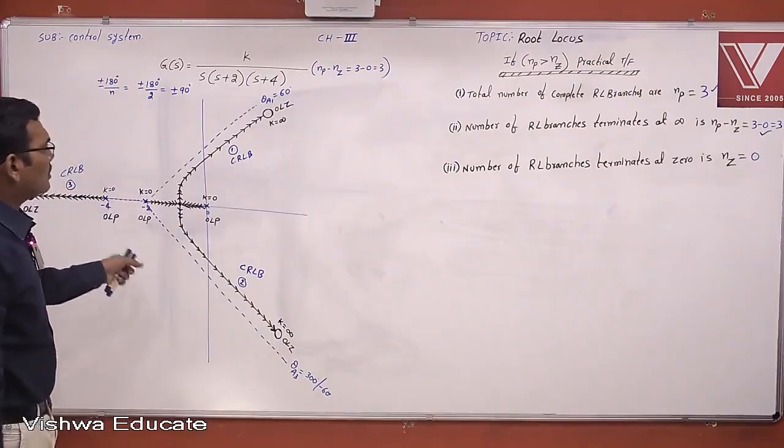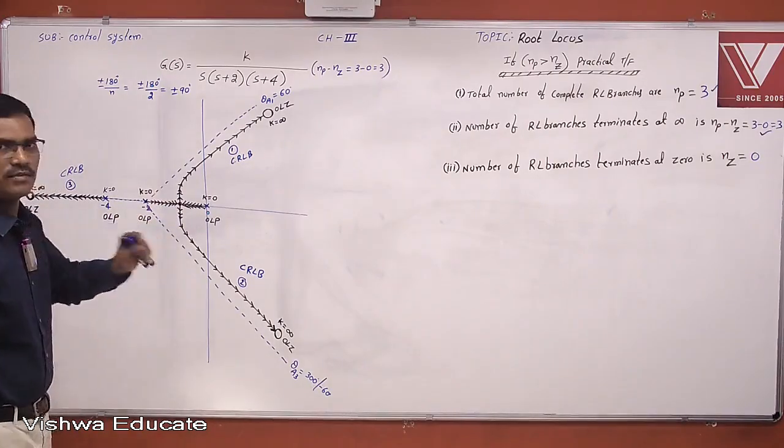Okay, this is the root locus diagram. Now, what is the breakaway point? All these things we will see.